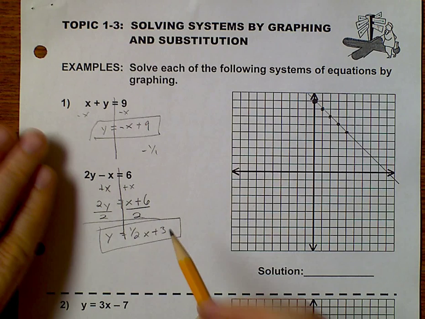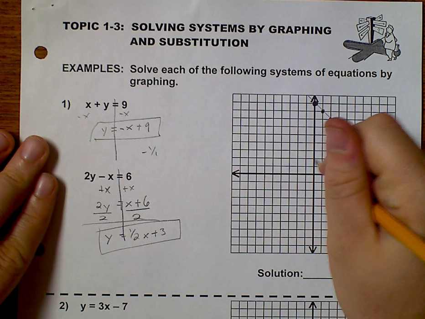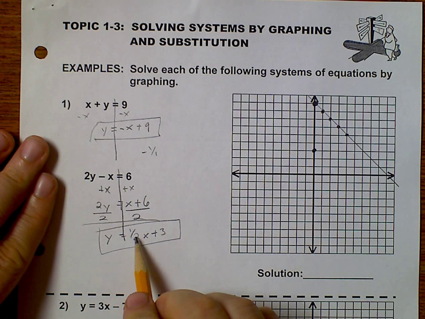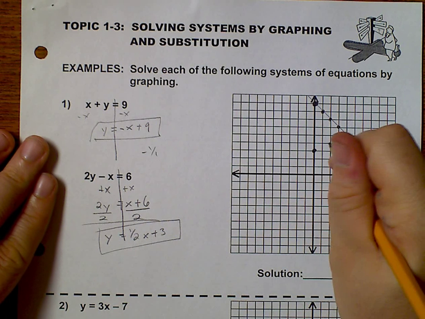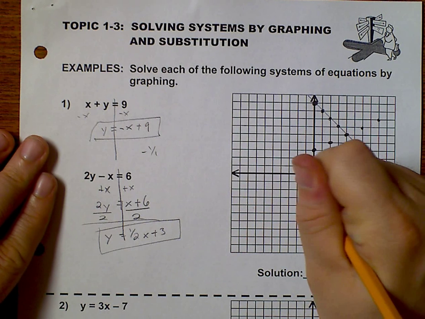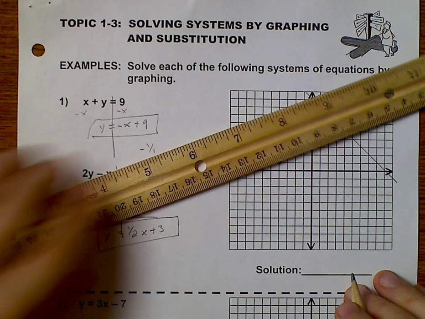My next one is 1/2 x plus 3. So 1, 2, 3. And now I'm going to rise 1 and run 2. And now I will graph that line.